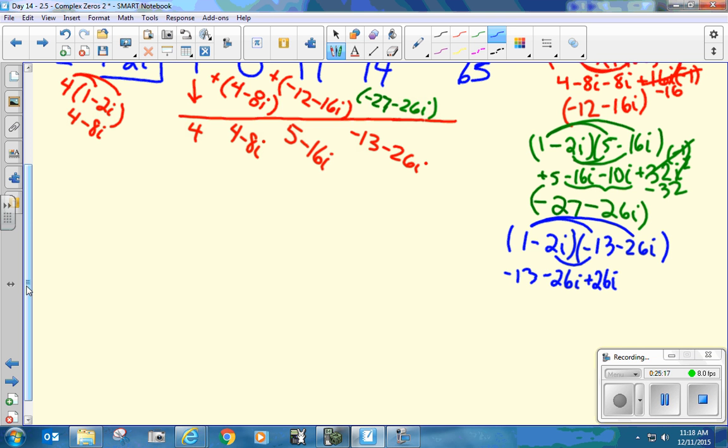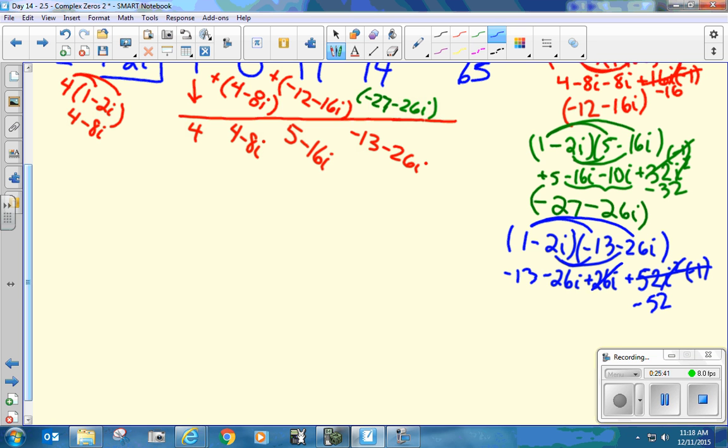Look at that. Those cancel. And then what's a negative 2i times a negative 26i? 52i squared. What's i squared? And what's 52 times negative 1? It's negative 52.